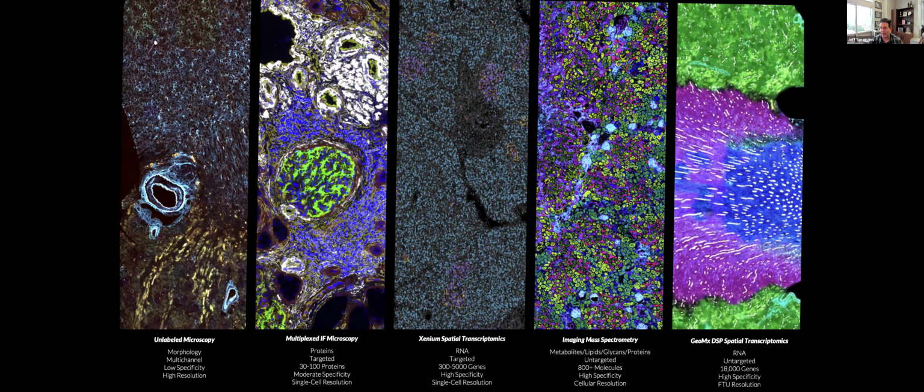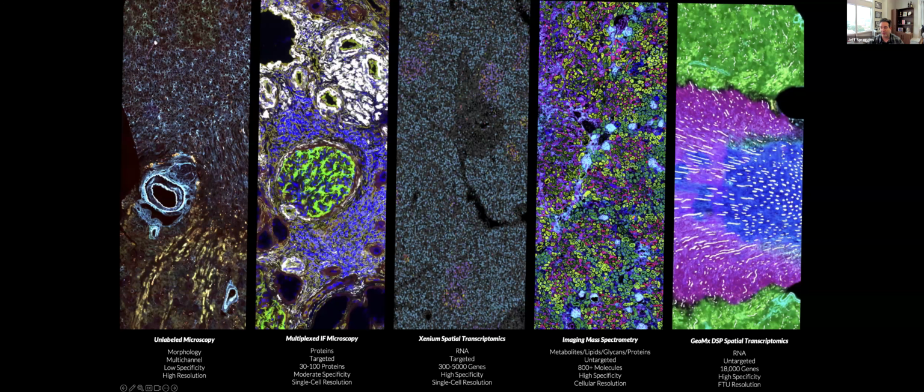You'll see examples in the talk of where we're leveraging things like autofluorescence to segment features of the tissue and use these modalities to help us mine our deeper molecular assays, things like imaging mass spectrometry and spatial transcriptomics.